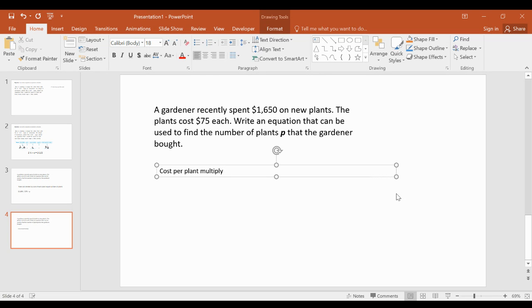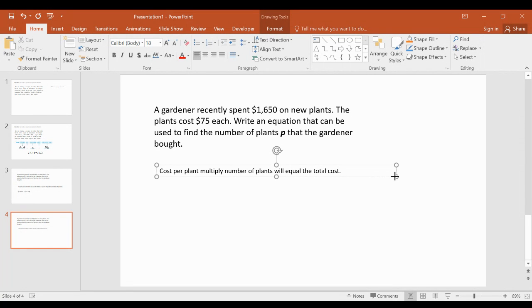That makes sense too. So the cost per plant multiplied by the number of plants will equal the total cost. That makes a lot of sense.